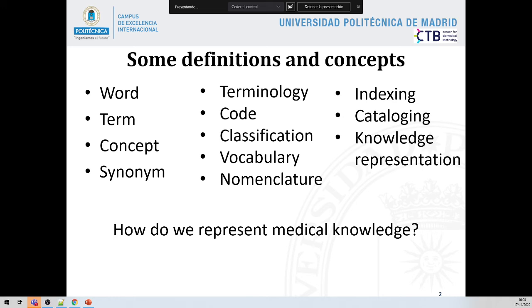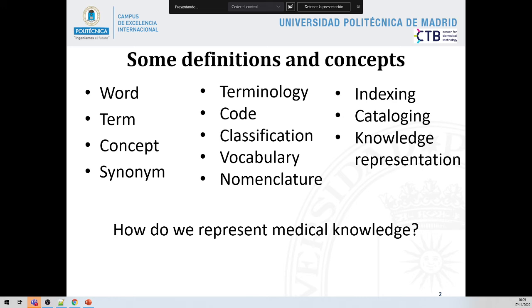When we talk about terminology, that is a collective set of terms that are used to describe some kind of code set or classification and vocabulary, for example. A code would be a representation of a term, but in a more readily way for a computer.